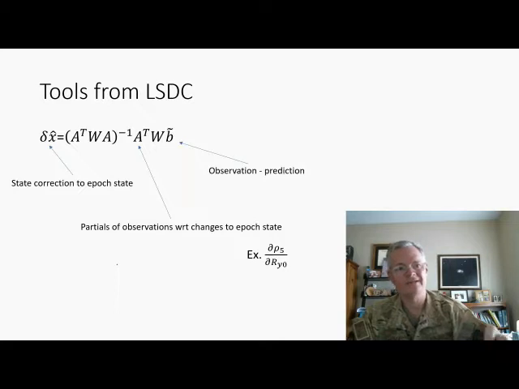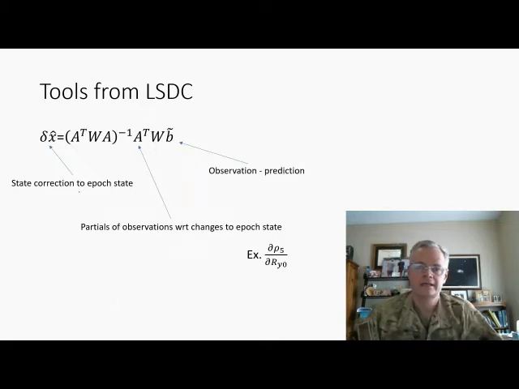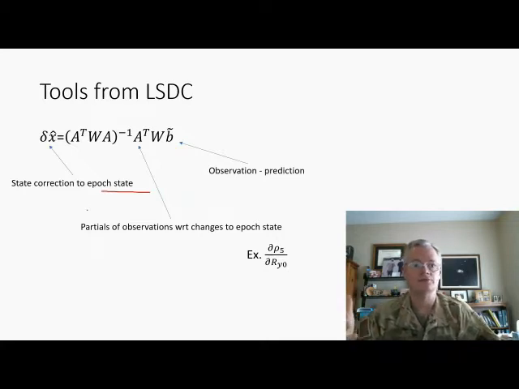The problem is we can't just start applying it directly, because that state correction we get is how you correct the epoch state, and you just stay in that epoch world trying to get trajectories that match the data. Also, the A matrix was the partial of how rho at an observation changes when you tweak the epoch solution you're using, and that's not what we want either.